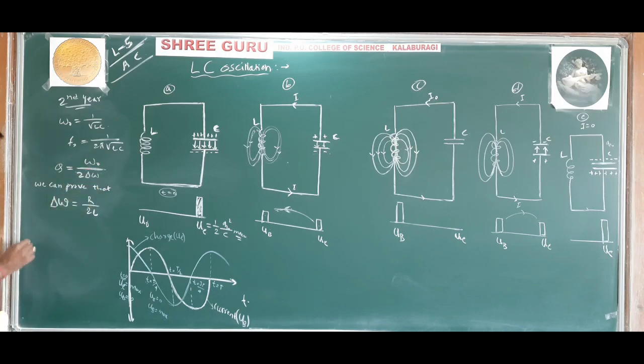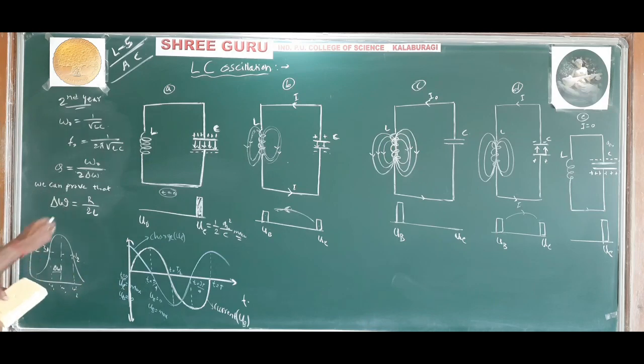In the graph, omega 1 and omega 2 are the two frequencies at which the current becomes 1 by root 2 times the maximum value. This is omega 1, this is omega 2 and this is omega naught, and this distance is called delta W, and delta W is equal to R divided by 2L.